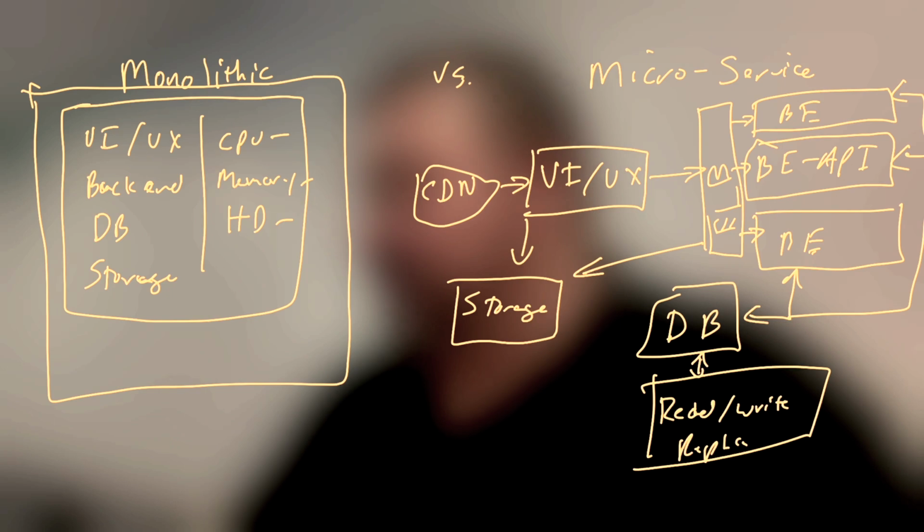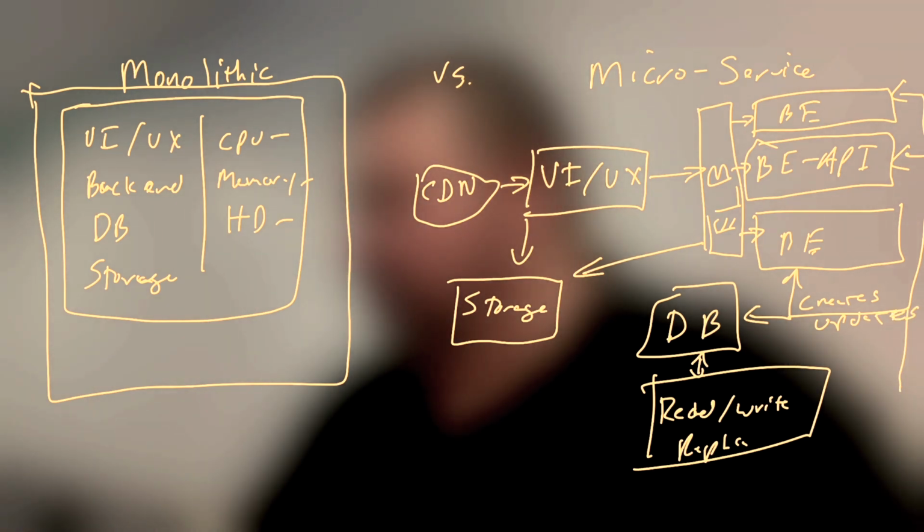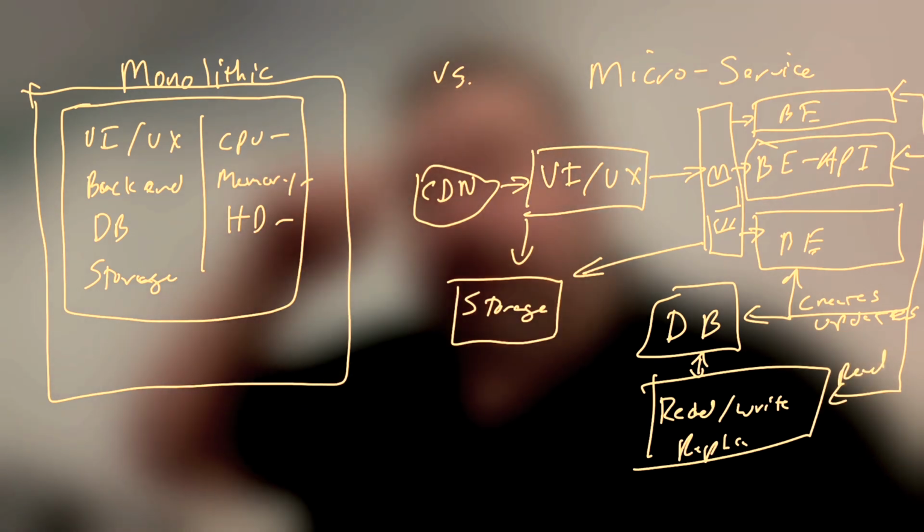So what happens is our backend will only make creates and updates, right, to the main database, and then all of them will create reads, what we call a read request, to the read-write replica. So what this does is it shares the amount of load onto two different databases so that you can scale your backend more, and you can actually have more throughput for your data.